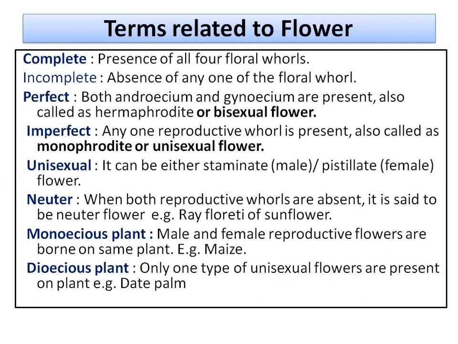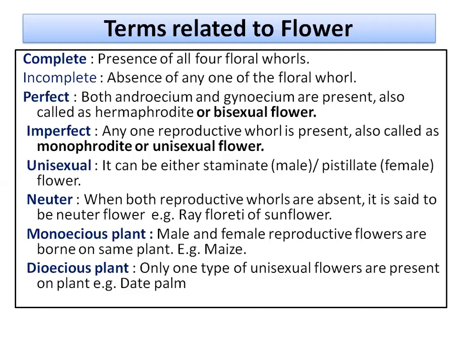The male flower is observed at the top and the female flower grows below. So the male and female flowers grow separately on a single plant. This plant is known as monoecious.